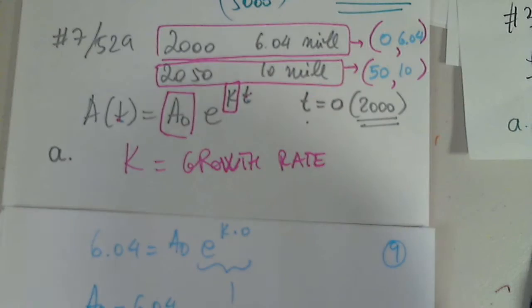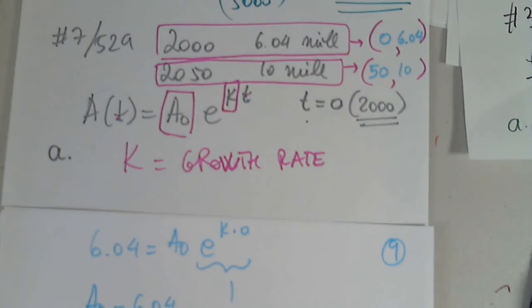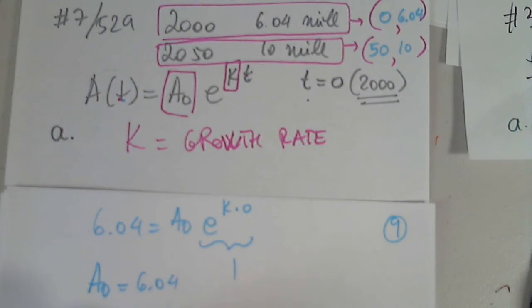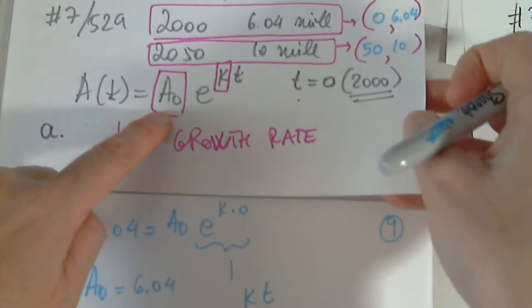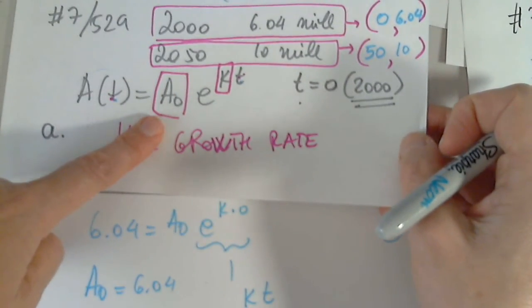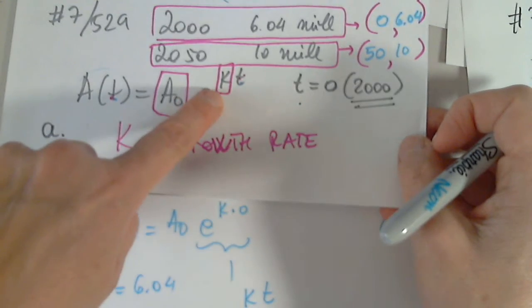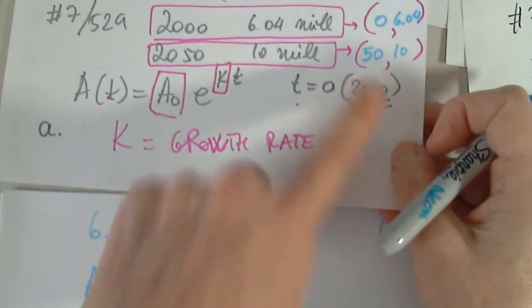You can say, but you knew that from the beginning. True. I just wanted to prepare you for the next point. So for now, I do have that A of t equals 6.04 times e to kt. So I already determined the initial value, the initial number of people. Now I want to determine k, and I'm going to use the second point.